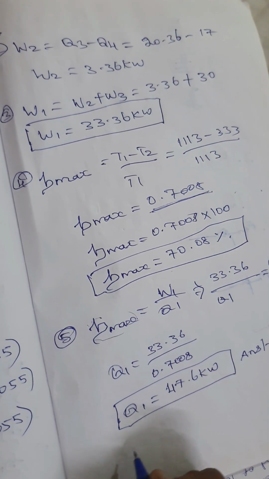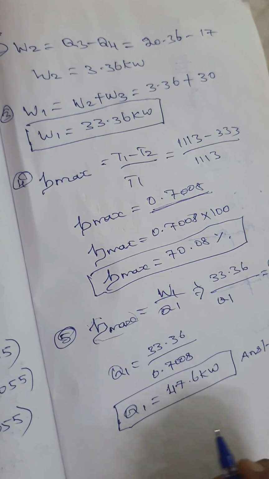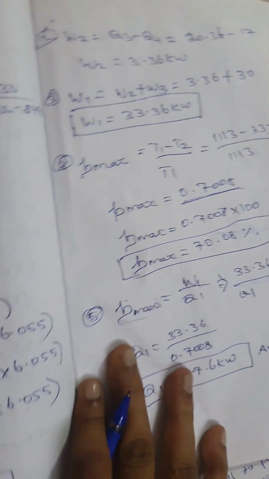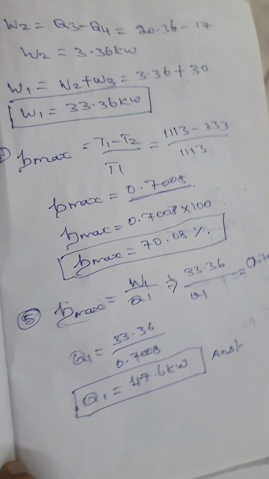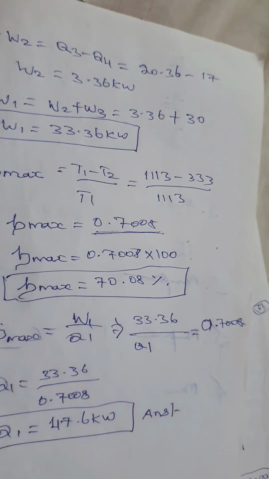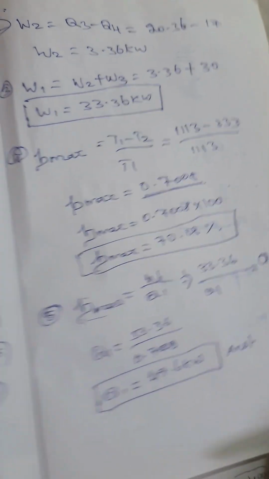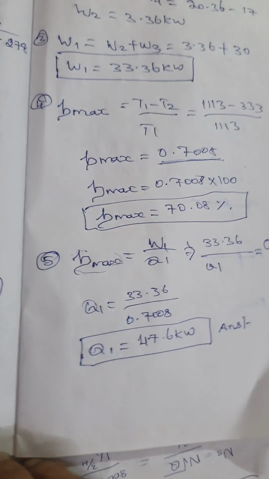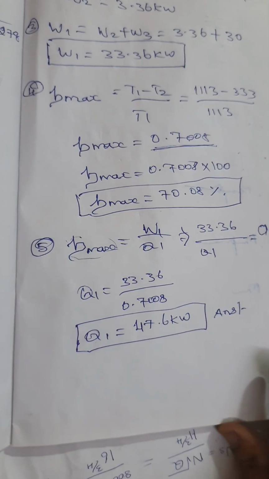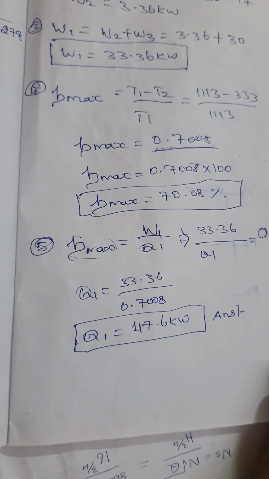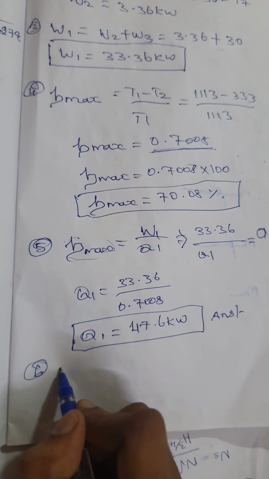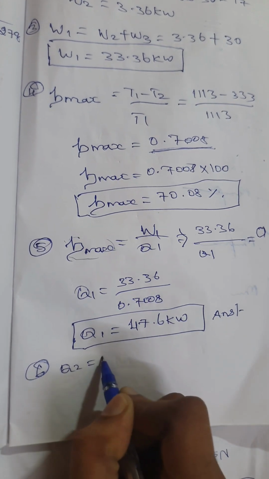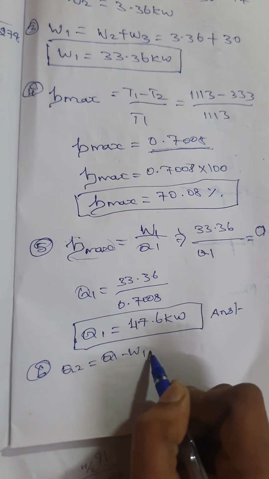Now you are going to find the Q2 plus Q3 value. You have already found the Q3 value. Now you have to find the Q2 value. To find Q2, you should use the formula Q2 is equal to Q1 minus W1.